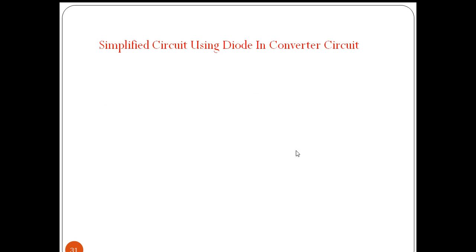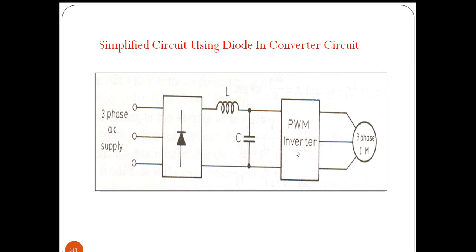Next, we are going to see another circuit, which is a simplified circuit using a diode in the converter unit.